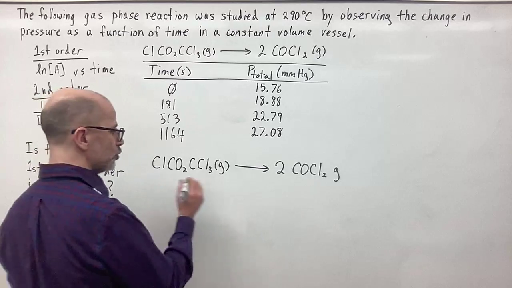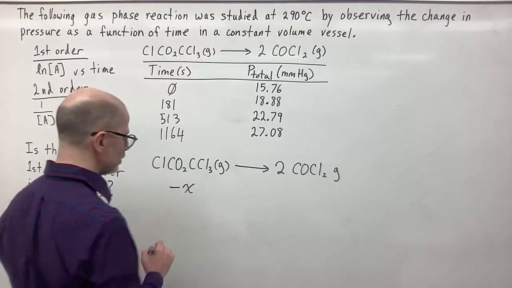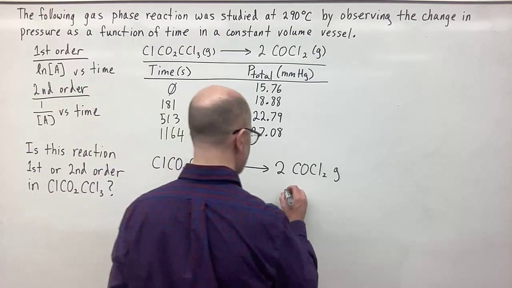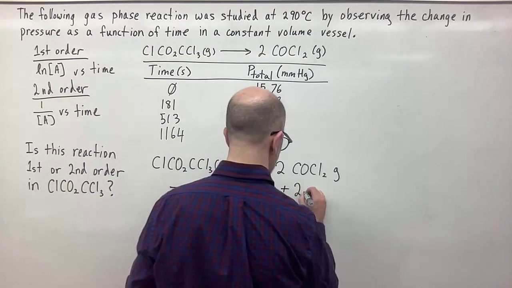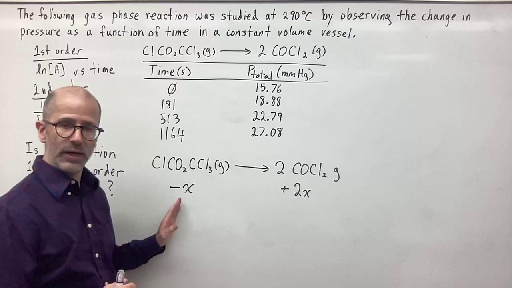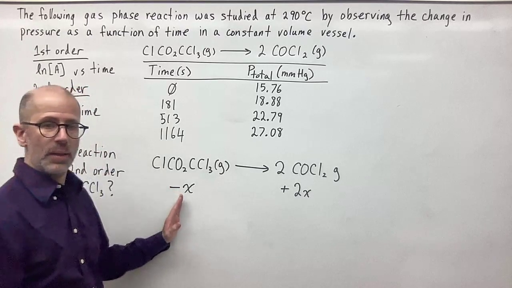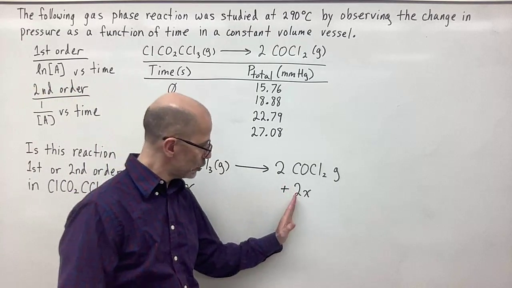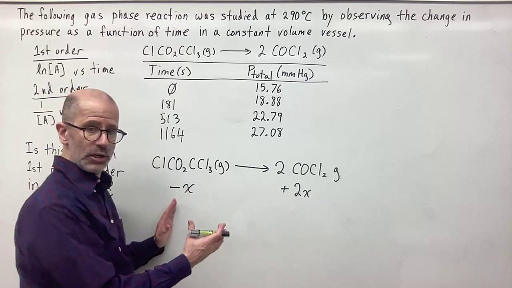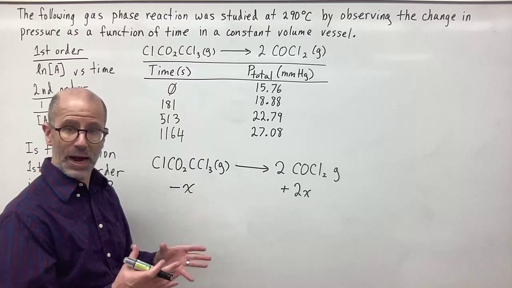So if we do this in terms of x, if I lose an x amount here, then I'm going to gain 2x here. Are you with me so far? Now, if I add these together, what's the overall effect on the total amount or pressure?